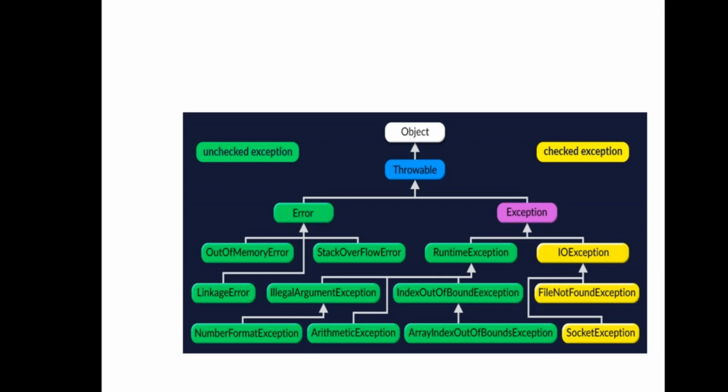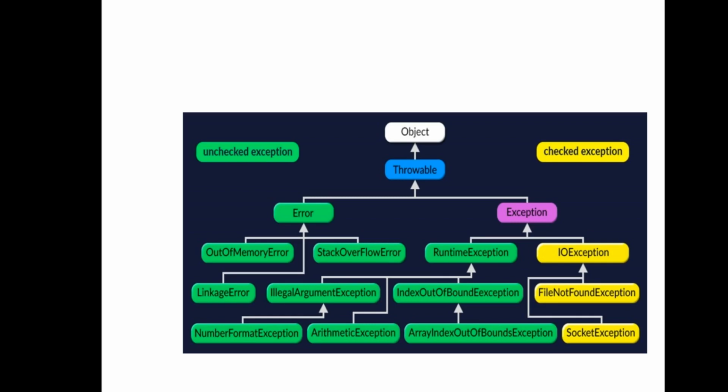The first topmost class in the exception hierarchy is Throwable, and exceptions in Java are categorized in two categories: unchecked exception and checked exception. In yellow is checked exception that we were going through, and in green is unchecked exception.